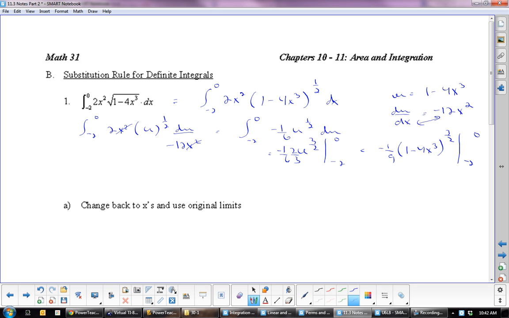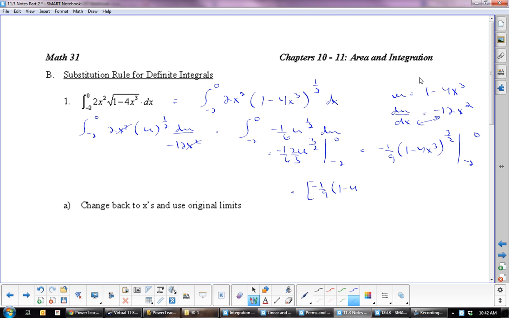Okay, so all the way up to right now is 100% review, right? The only thing that's new, which isn't even new because we've done this when we find area, is we're just going to subtract the upper minus the lower. So to do that, that'll be negative 1/9, 1 minus 4x cubed, oops, not x anymore.